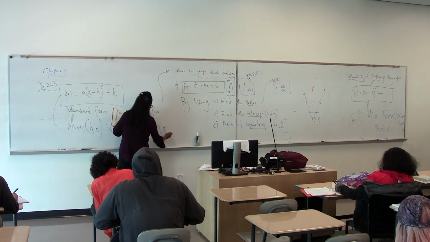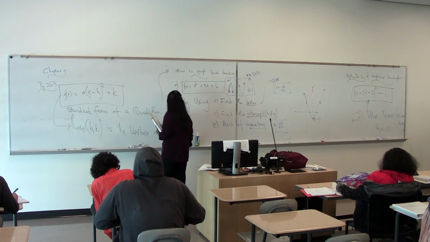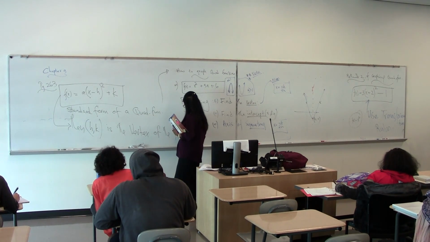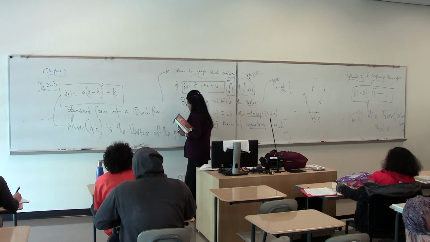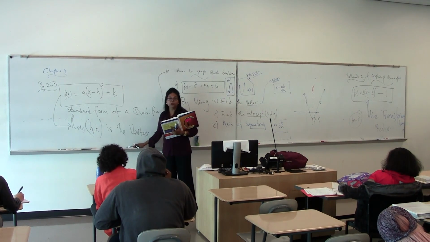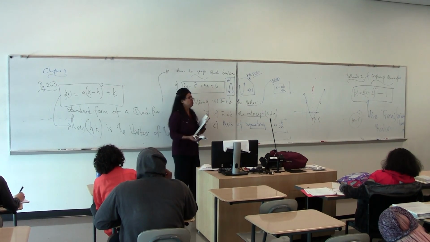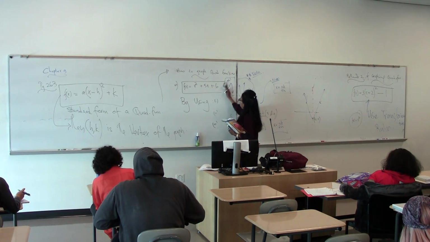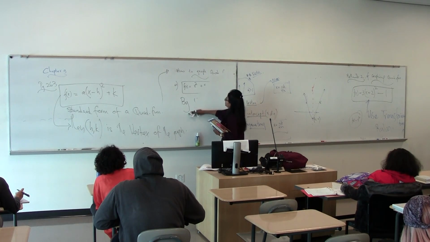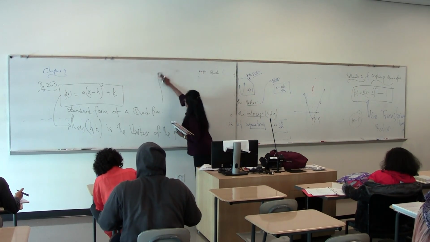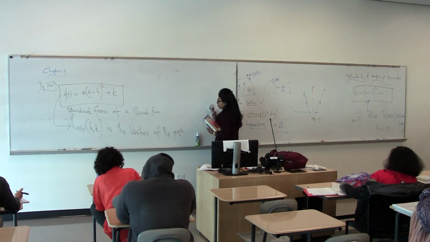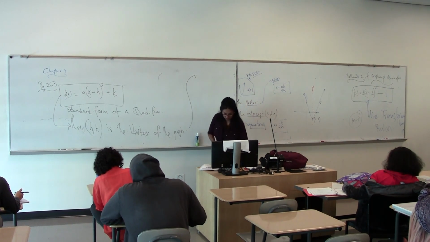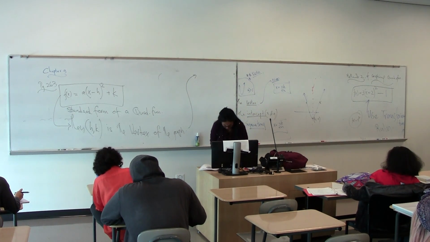The vertex of the quadratic graph. Sometimes we only need to find the vertex. So we know h comma k is the what? Vertex. Okay guys, that's all you need to know.